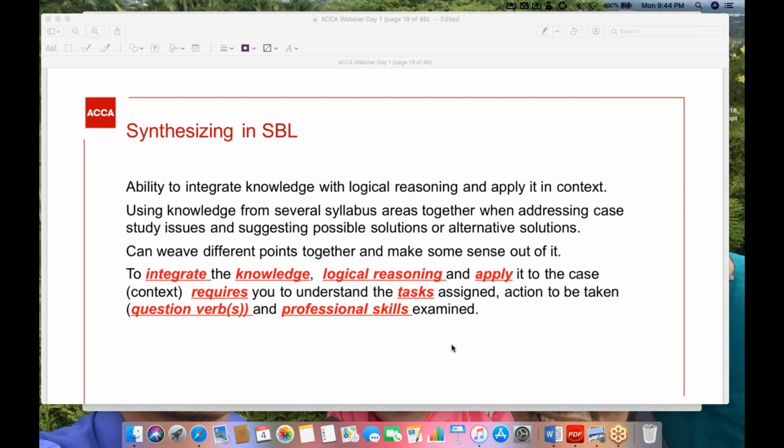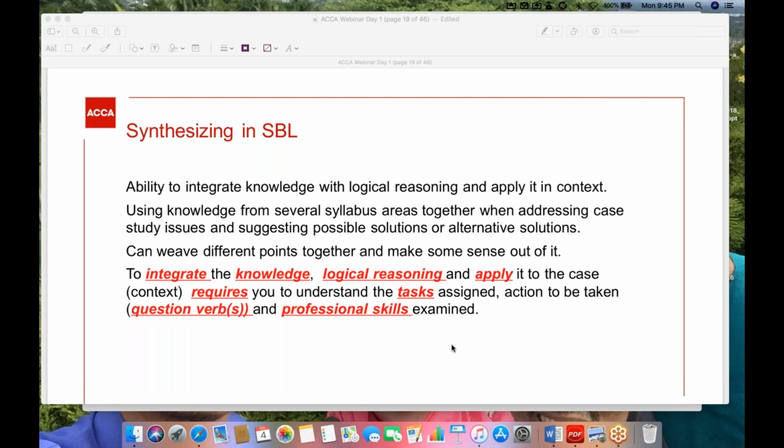All right. So you need to be able to apply your technical knowledge in the context. When you answer the examination question, it has to be answered in context. So what synthesizing in SBL means is your ability to integrate the technical knowledge from your syllabus coverage, chapter 1 until 9, with logical reasoning.